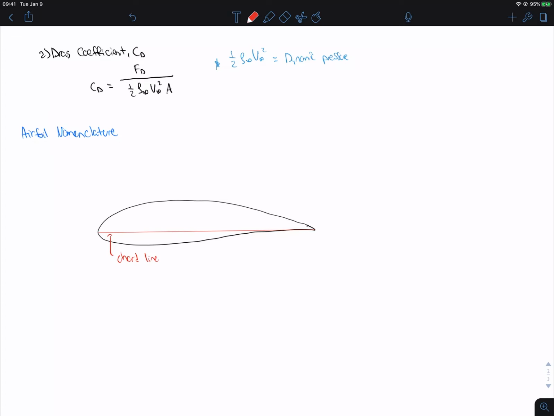So for that, I'll write it down here. The chord C is the distance from the leading edge to the trailing edge, where LE and TE mean leading edge and trailing edge.